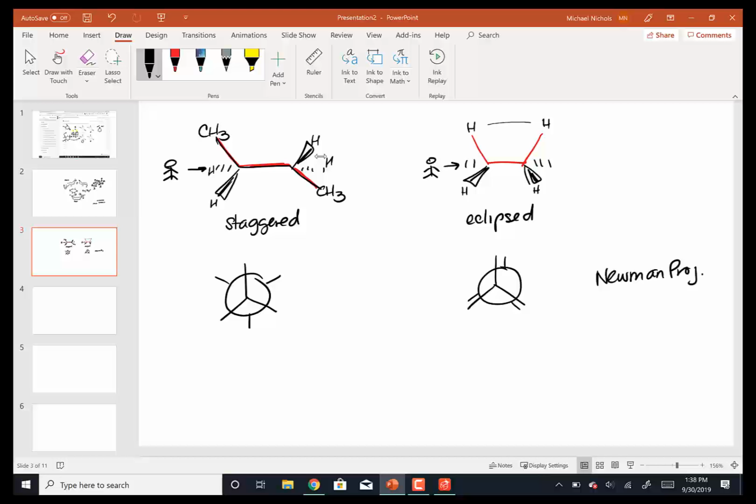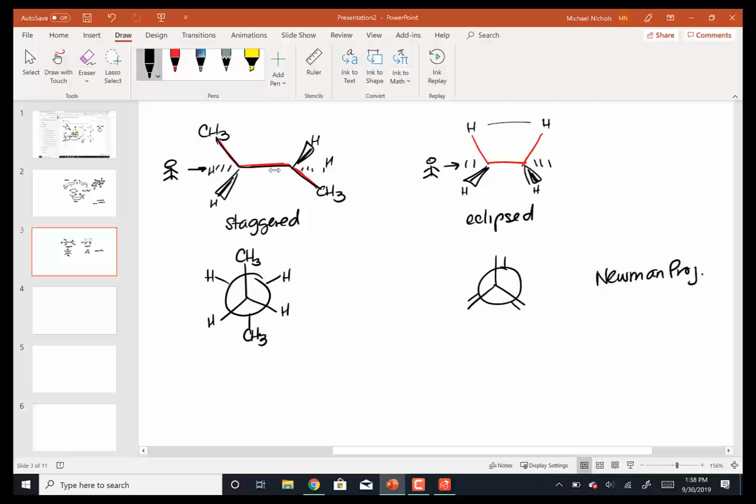So for instance, the staggered conformation of butane could have the 2 CH3s, the one on the front and the back, in this case opposite one another. One's pointing straight up, one's pointing straight down.